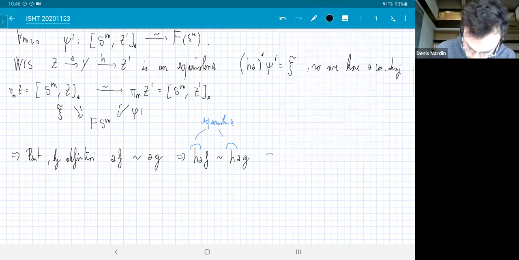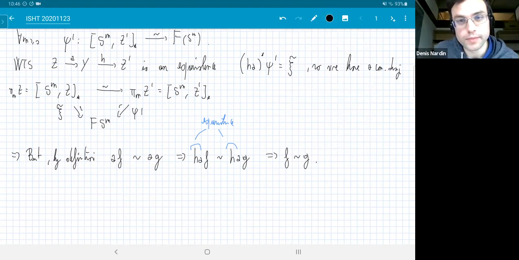So F is homotopic to G, as we wanted to show.